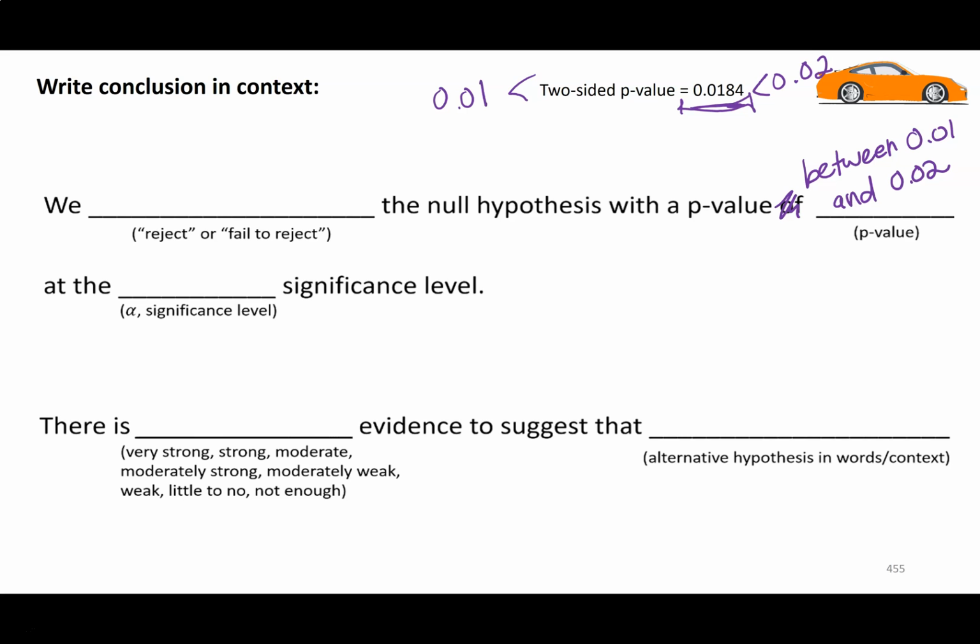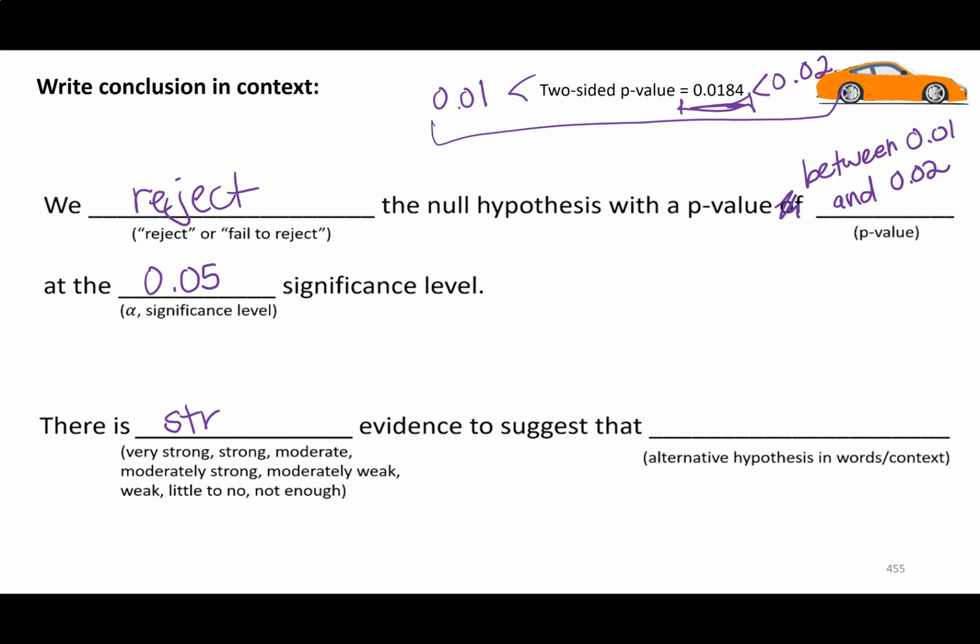And if we're using the 0.05 significance level, we're going to reject. Our p-value is smaller than that significance level. So that's strong, right? We like our p-values low. So we're going to reject the null here. Rejecting the null is saying we're going to reject that average mileage is really 12,000 miles. We're going to argue that it's actually different. So here, if it's between 0.01 and 0.02, I would say it's fairly strong evidence.